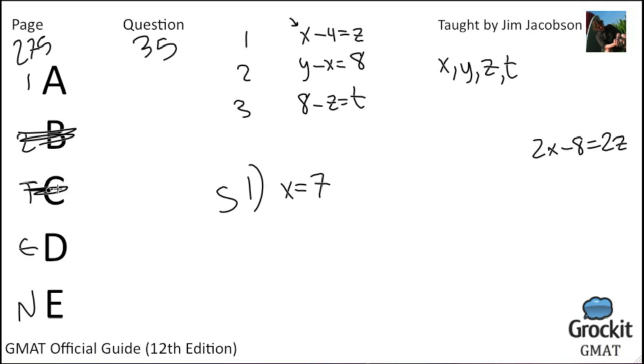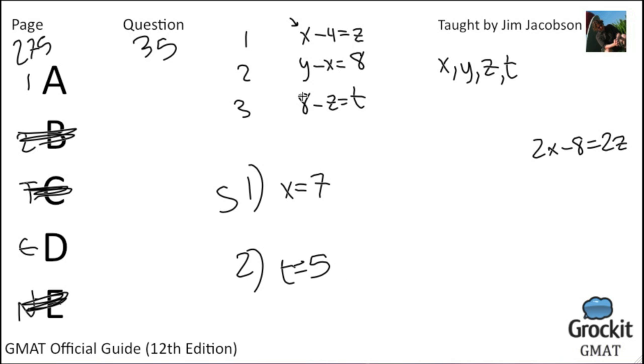B, C, and E are all ruled out. Statement number 2 tells us that t equals 5, and that's not the same as any of the other information that we have. So again, getting a fourth equation, distinct from the 3 that we have, allows us to substitute for all the rest of the equations.